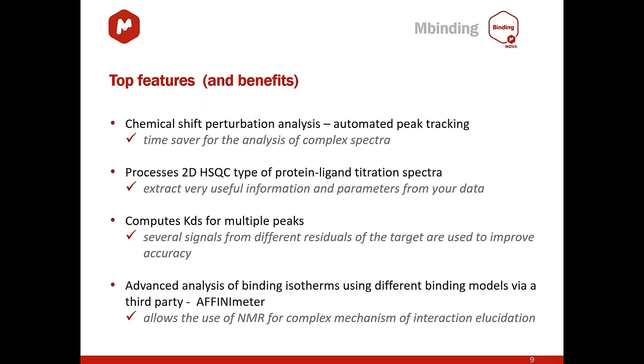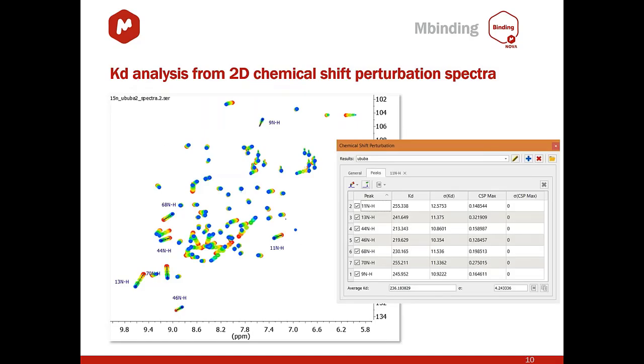The software will compute the KD for you, so you don't need to implement any models in Excel or in any other tool. And as I was saying earlier, by integrating with Affinimeter, you can also analyze more complex binding models.